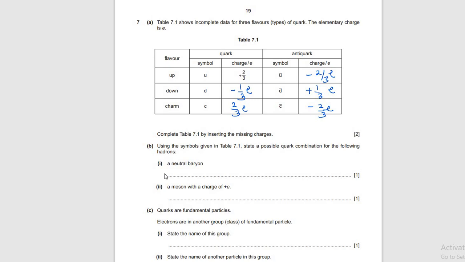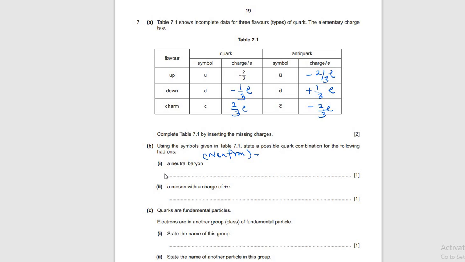Using the symbol given in table 7.1, state a possible quark combination for the following hadrons: a neutral baryon. Neutral is neutron, and neutron has no charge. The charge is zero. It's expected that the combination of the quarks must give us zero. So what can we combine from this to give us zero charge? 2 over 3 minus 2 minus 1 is 1.